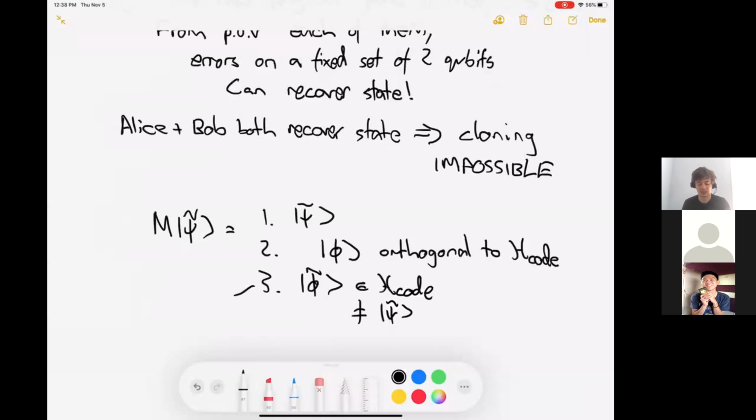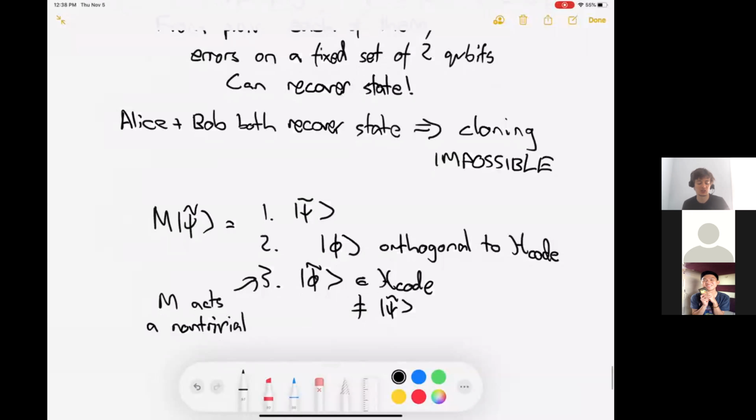So this third case is that the Pauli M acts as a non-trivial logical operator on the code subspace.